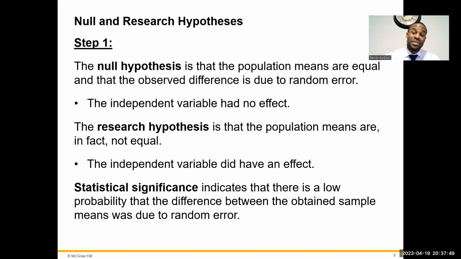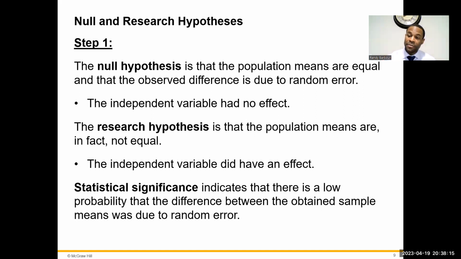The only difference that I see is just random error. Individual differences is just random unsystematic error. That's the only thing causing the differences, right? The research hypothesis, however, says that those two groups are in fact not equal, right? And that means that the independent variable having those two groups has an effect. So looking at the model and observing the model versus not has an effect on those young people, right?